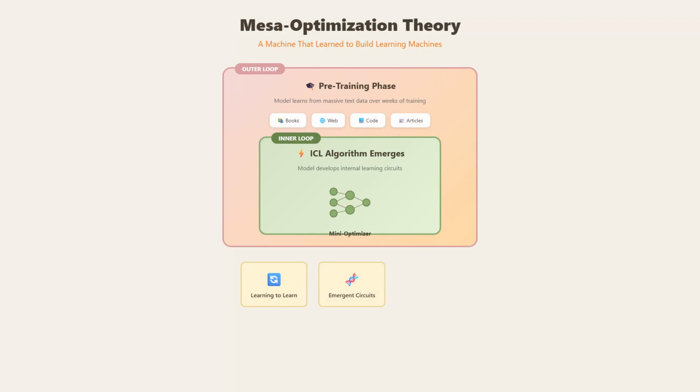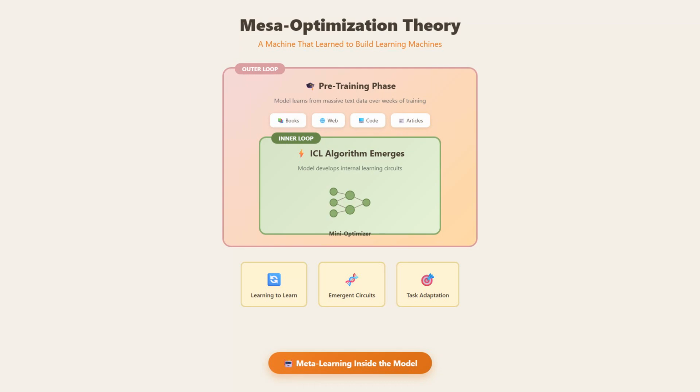You can visualize this as a mini optimizer living inside the transformer. When you provide few-shot examples at inference time, this internal learning algorithm kicks in. It's as if the transformer contains a small neural network that can rapidly adapt based on the demonstrations you provide. This is meta-learning at its finest.